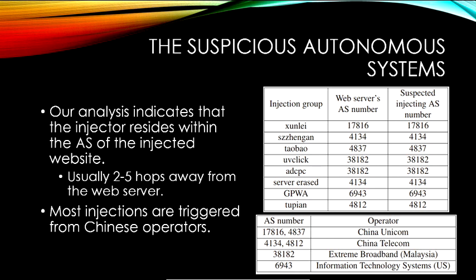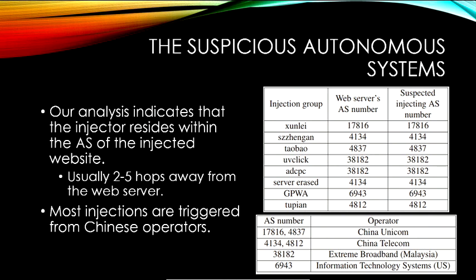So these are all the numbers of the autonomous systems. On the bottom table, you can see the names of the operators responsible for those autonomous systems. Indeed, China Unicom and China Telecom are responsible for most of the injections. Again, we are not sure that they are the ones that injected the forged packets, but they are responsible for the network infrastructure from which the injected packet was sent, and we know that the injector had access to that infrastructure.